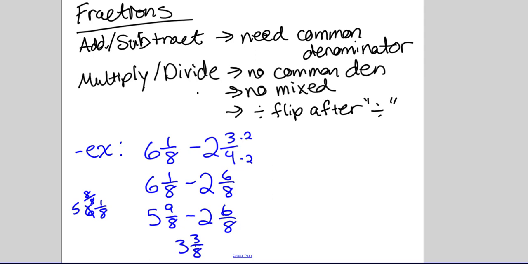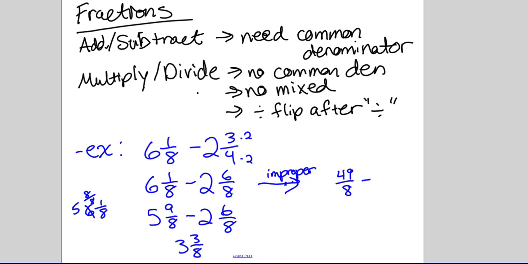So 3 3/8. If that borrowing thing was a little confusing to you, there's another way. I'm going to over to the side here. The other way I could do this is change them to improper. Make a little note of that. Improper, which means that I have just one number over another. So to do this, 6 1/8, I do 8 times 6 is 48, plus 1 is 49/8.